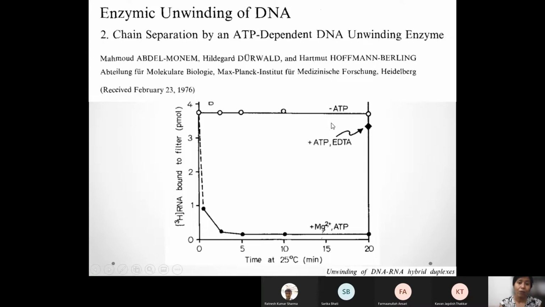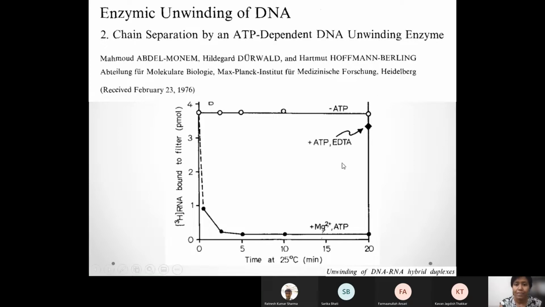On the other hand, if you add ATP, but you don't add magnesium, and you add something which is a chelator of magnesium, that is, even if there is a trace amount of magnesium, it can chelate it out, or remove it from the solution, keeping it in a coordination complex with magnesium, and therefore magnesium is not available for the reaction.